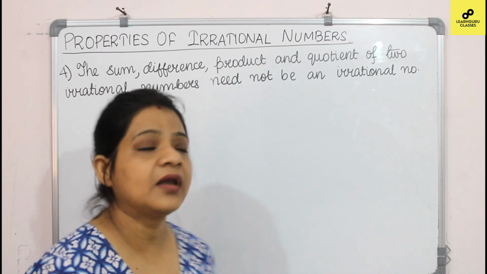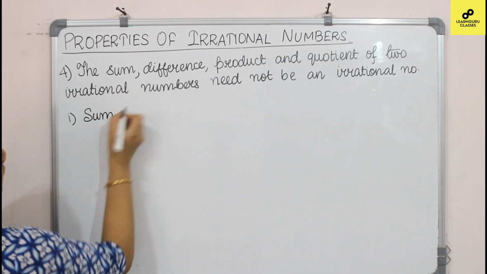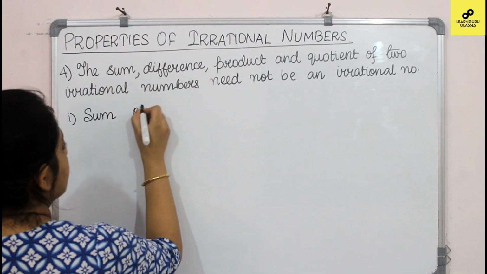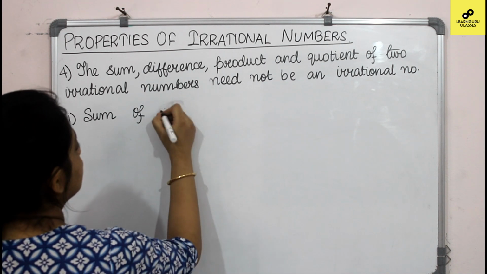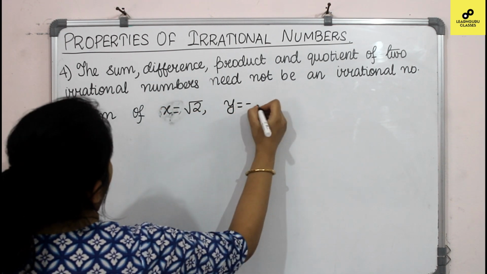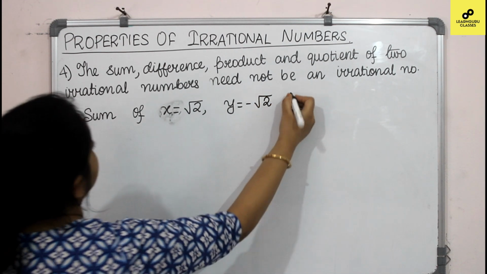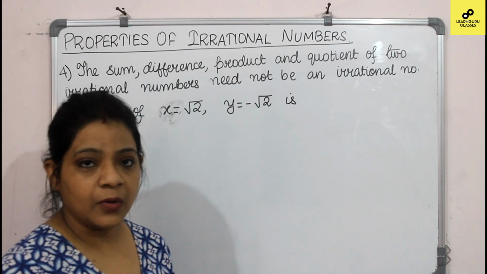So let us take one example for sum. I am giving here the sum of root 2. Suppose x equal to root 2 and y equal to minus root 2. Root 2 is an irrational number.